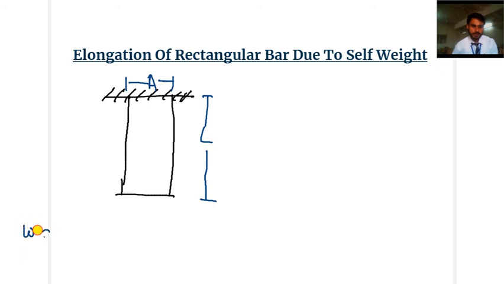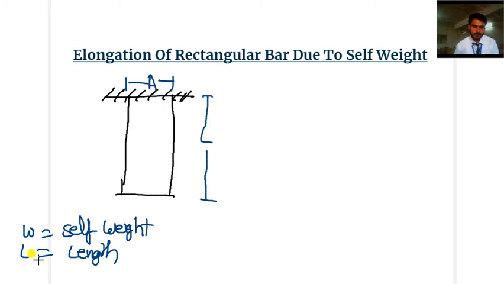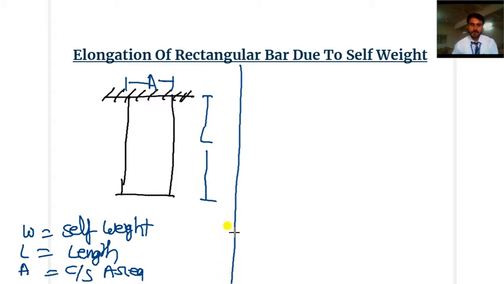Here W is the self weight, which will act in downward direction, L is the initial length, and A is the cross sectional area, which will be the same throughout the length. We have to calculate the deformation of that particular bar.